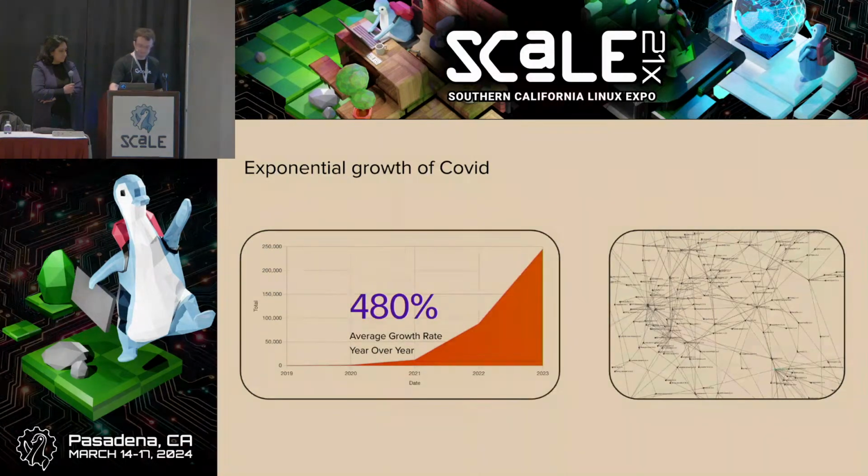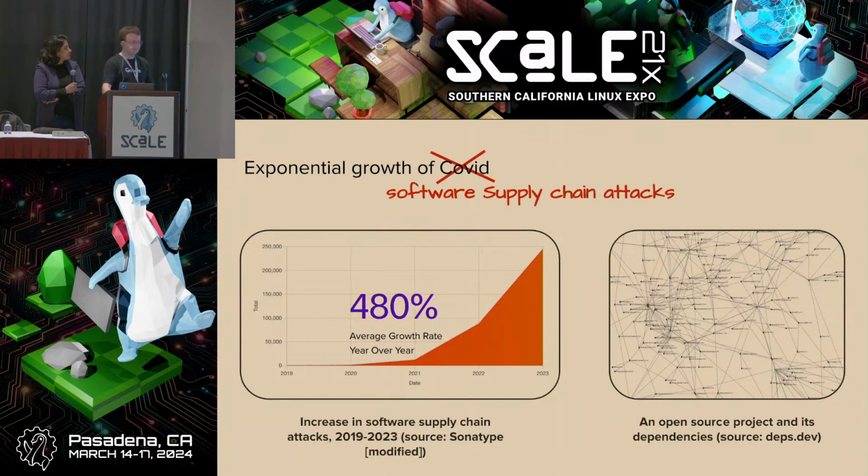With that in mind, here are two more graphs. Again, a striking exponential increase starting at the end of 2019 to 2020, and a highly interconnected network. But these two, as you might expect, aren't actually about the spread of COVID. They're about open source projects and software supply chain security.